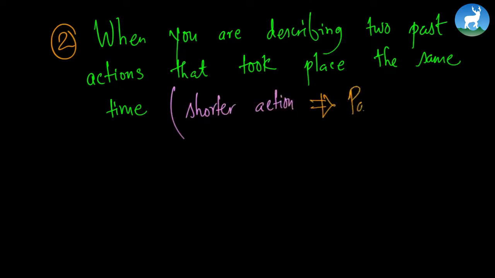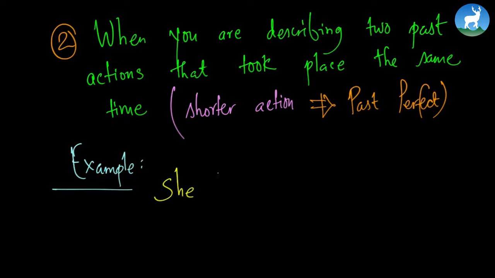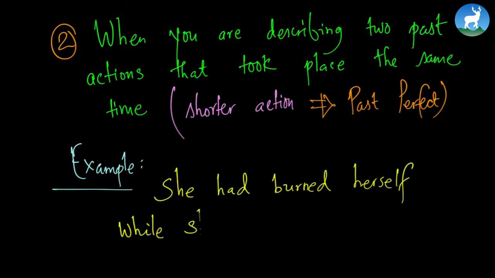By past perfect tense. Like I said earlier, the longer should be explained by past continuous tense. So the longer action can be described by using simple past tense or past continuous tense. For example, let me write one example. She had burned herself while she was cooking dinner.